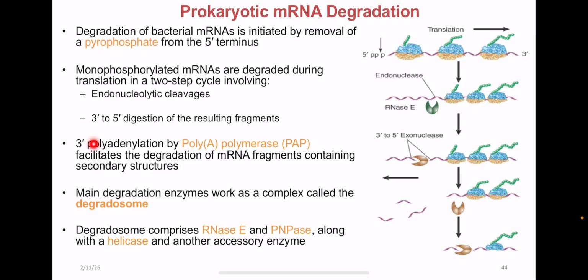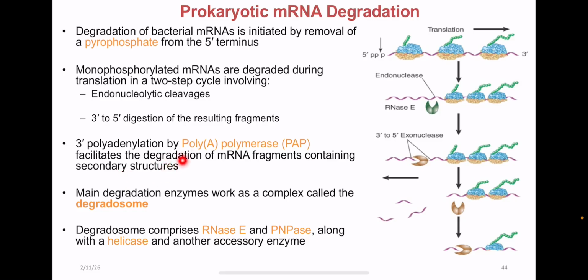You can see from here, 3' polyadenylation by this enzyme, generally a PN base, which is polynucleotide polymerase. But what nucleotide are we adding? The nucleotide is A, so we call it poly A polymerase, that's polyadenylase polymerase. So addition of the poly A tail facilitates degradation.